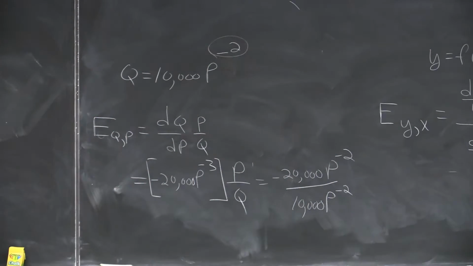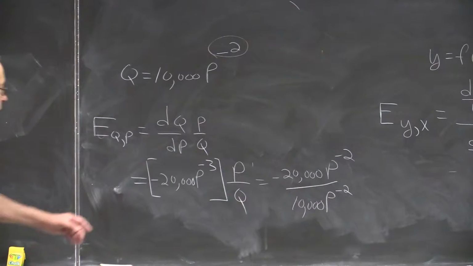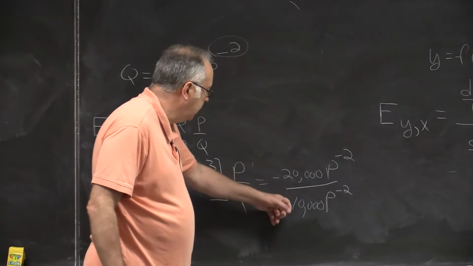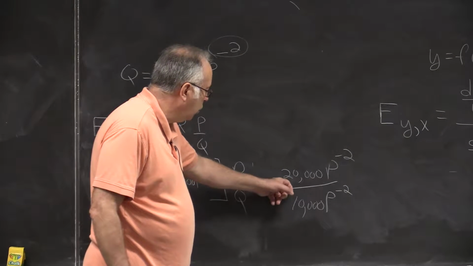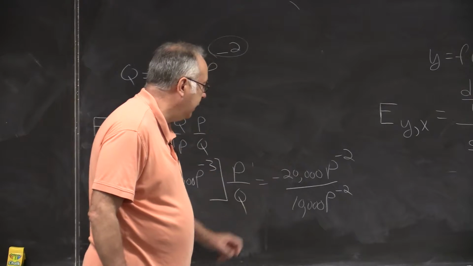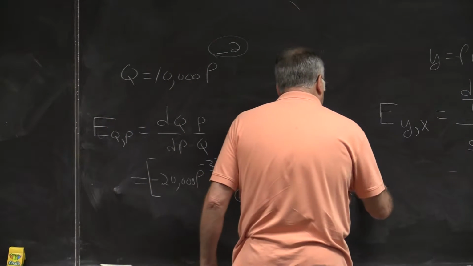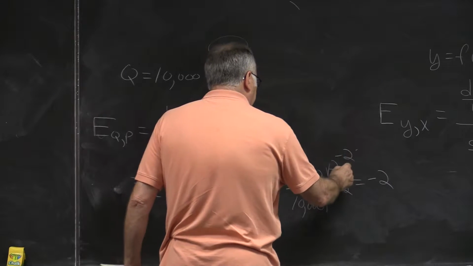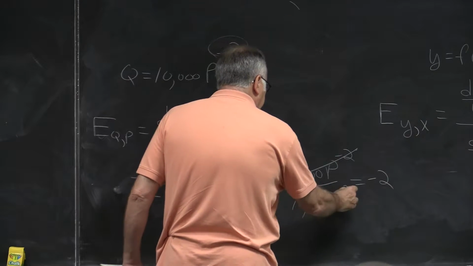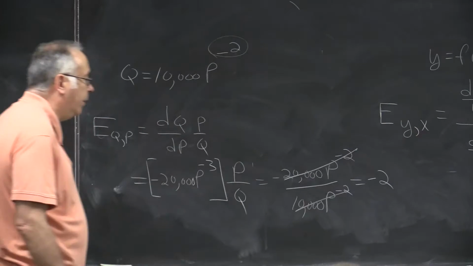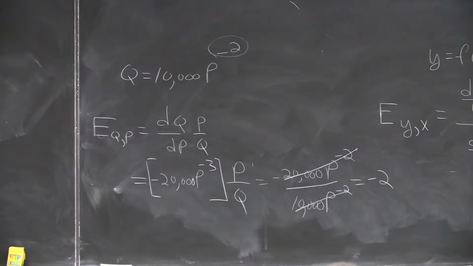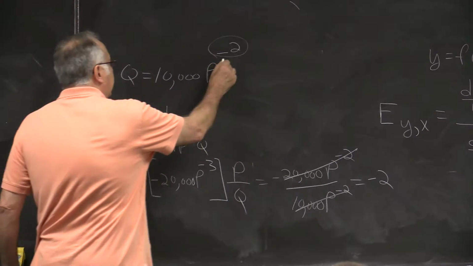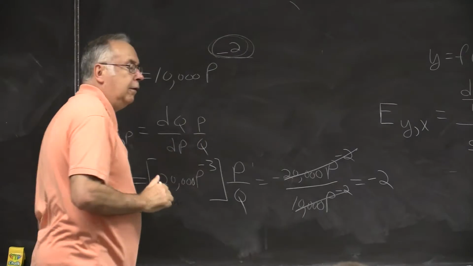So you see what happens. This numerator is just twice the denominator. We've got a minus sign, so this is just minus 2. This part right here is divided by that. You're just left with minus 2. Okay. Whenever you have a multiplicative form like this, the exponent will give you the elasticity.